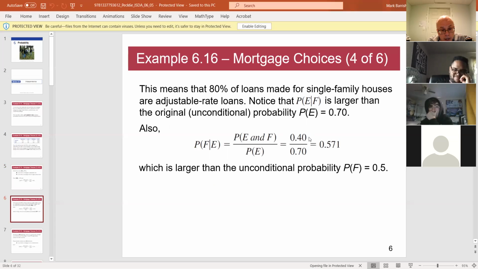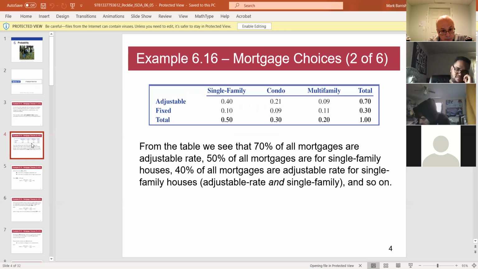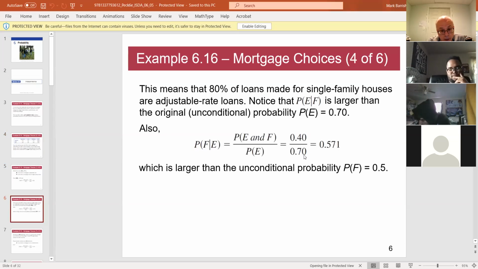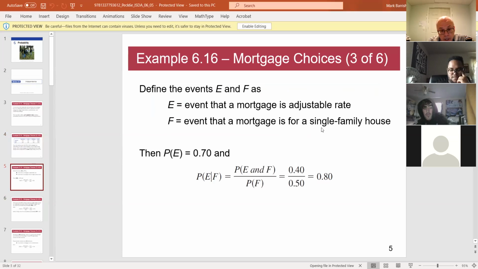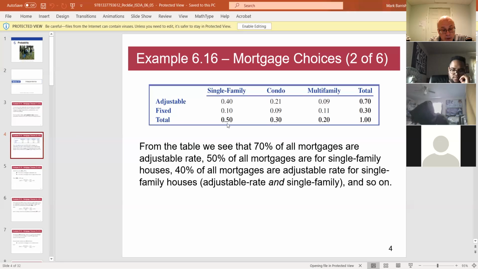Notice the numerator is exactly the same. It's the probability of E and F, exactly the same place in the table, 0.4. But notice that the denominator is different.